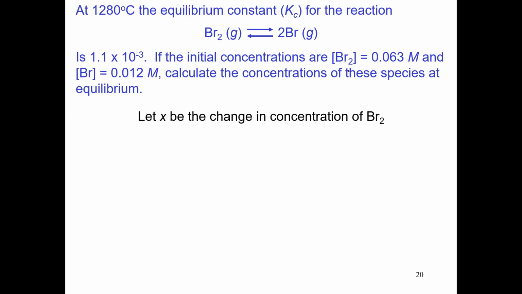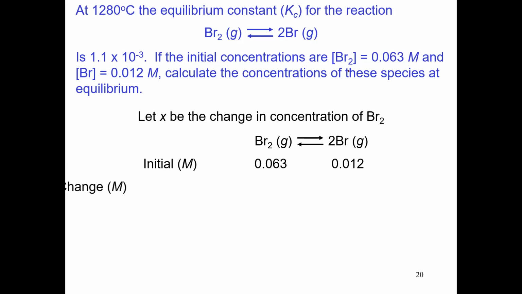Let X be the change in the concentration of Br2. Okay, so we set up a chart. This chart is very important here. You start with the concentration of the bromine at 0.063. The bromine atom itself is 0.012. That's the initial.